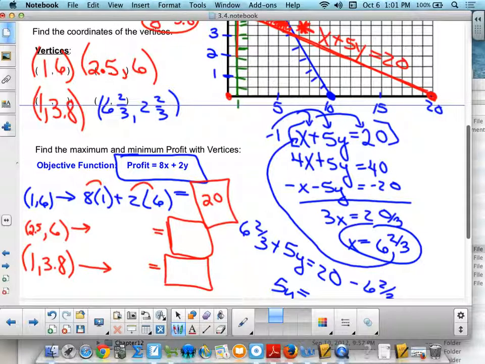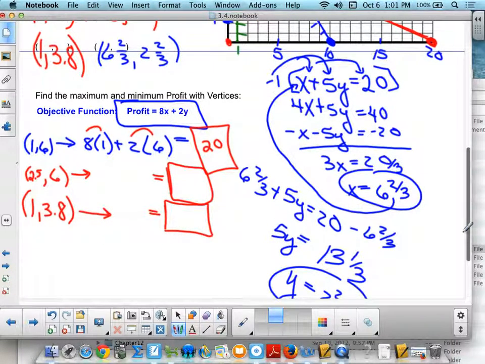I remember the answers if you will just say them. You have to punch these in. I'm on the 2.5, 6 one. That one's 32? I do remember 32 being in there. How about the 1, 3.8?